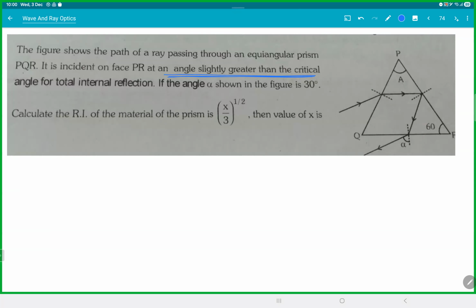Get this. You can't use any of the prism formulas. The prism formulas are derived under the assumption that the light ray goes in and comes out from the other surface. If there is a TIR, it is not your standard prism cut results. So this is just refraction, Snell's law.